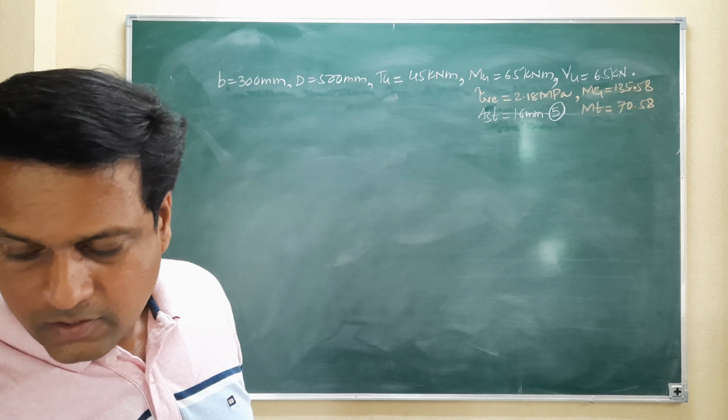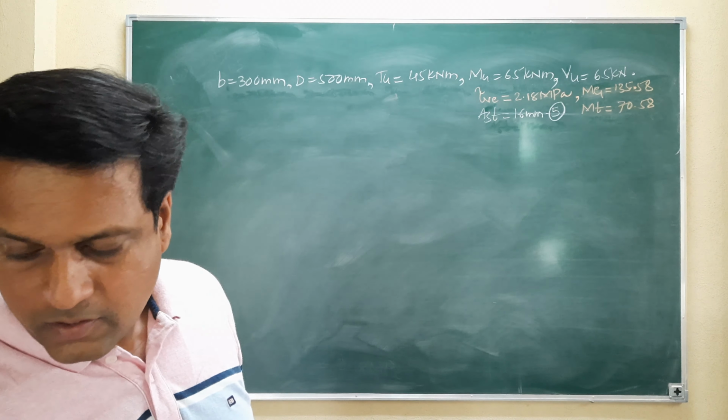Now, for what moment do you have to design the compression steel? You have to design the compression steel for bending moment Me2.